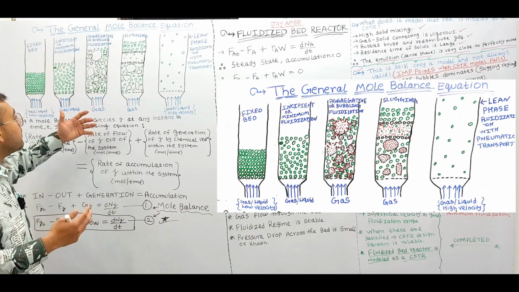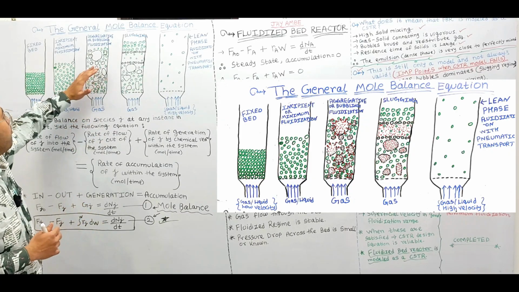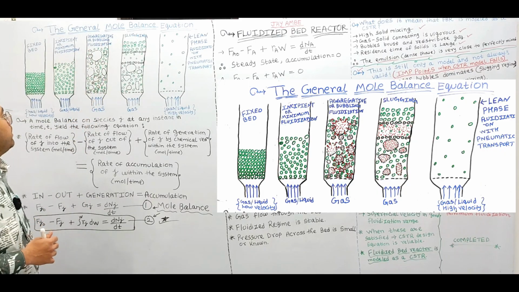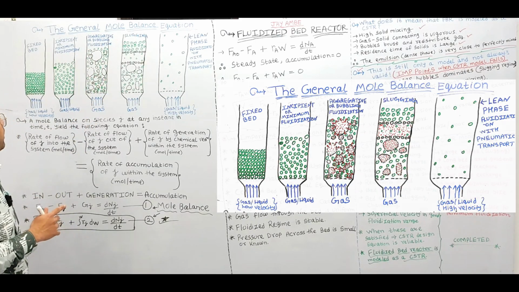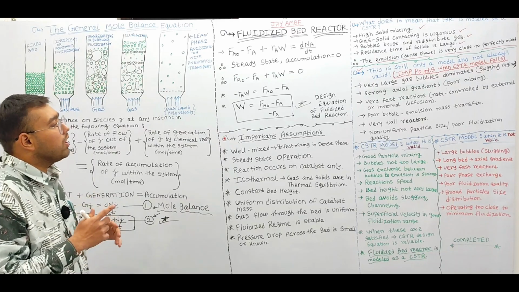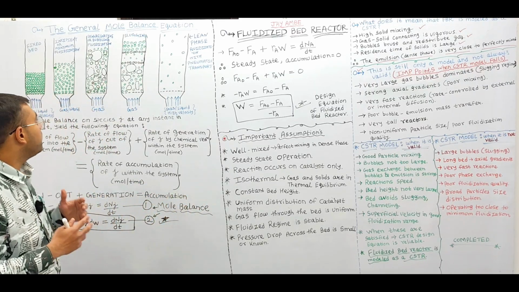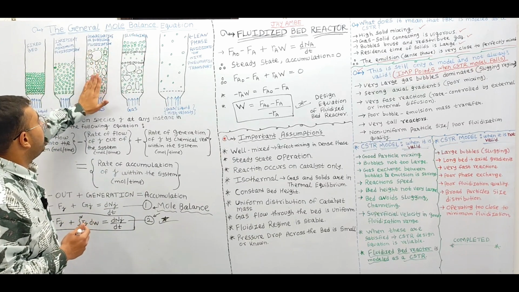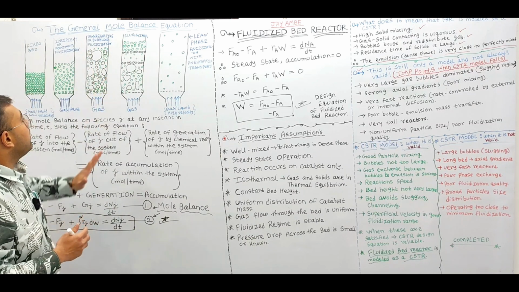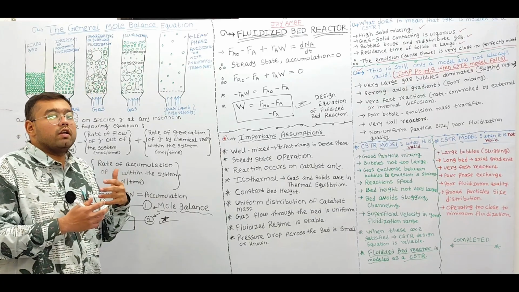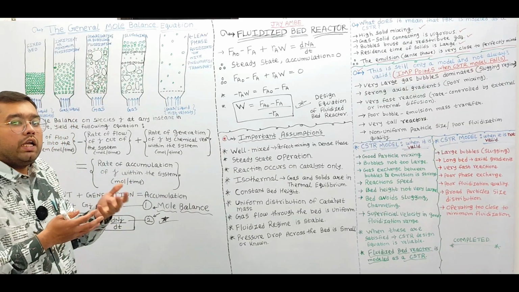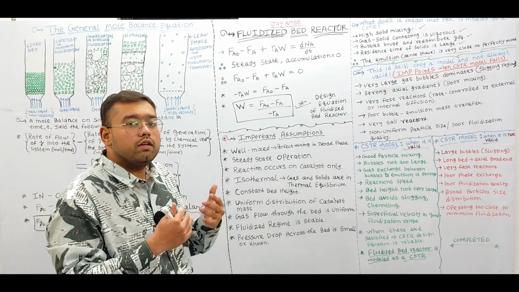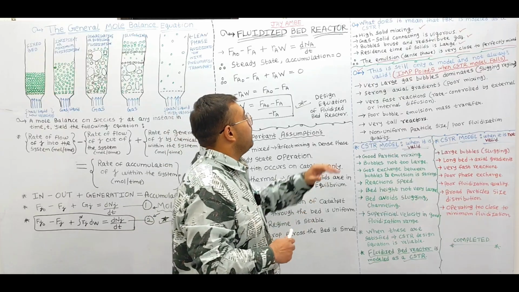The smaller bubbles will also burst, medium bubbles will also burst, and the bigger bubbles will also burst in the emulsion phase of the fluidized bed reactor, due to which there will be a redistribution of all the gaseous phase which is present in the bubbles to the entire emulsion phase, and due to which the gaseous and solid phases come in contact, they interact, the reaction takes place, and the reaction comes to completion, right.